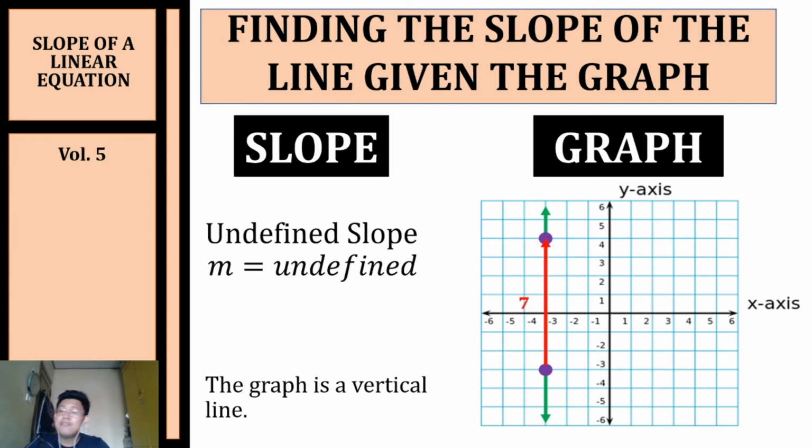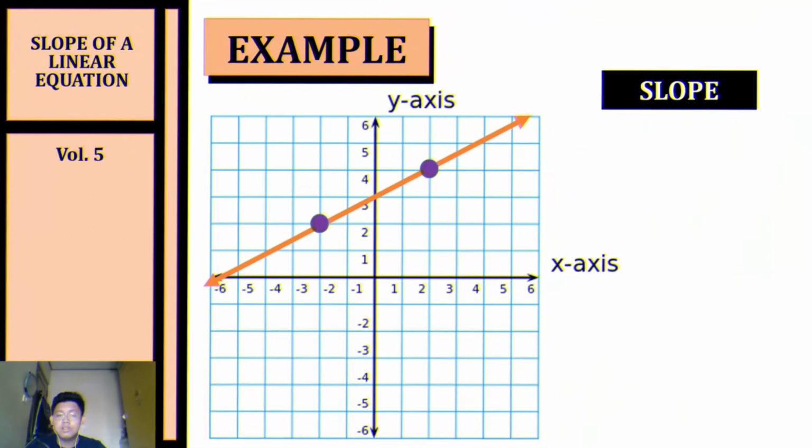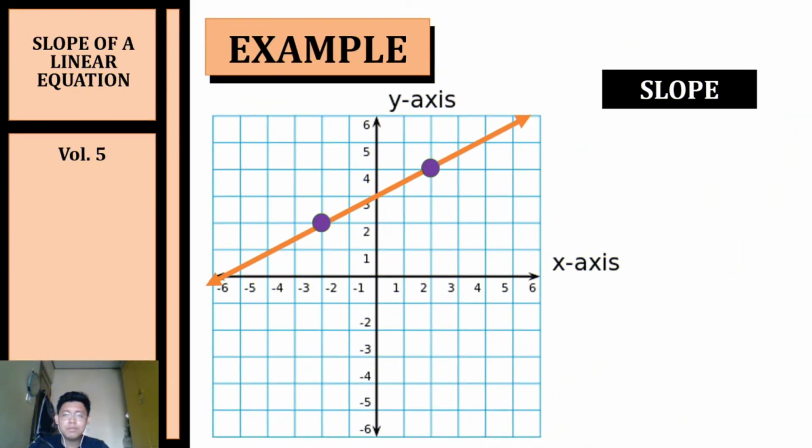Now let's have some examples in getting the slope of the line given the graph. For example, we have this graph. The first thing we need to do is identify the bottom point that is given, and from there we start counting the rise over run ratio. First, let's count the number of units moving up to get to the next point.